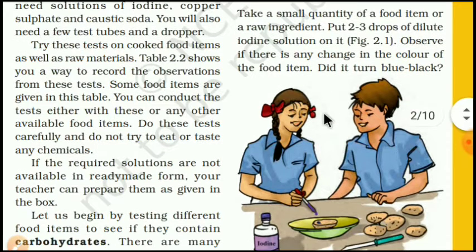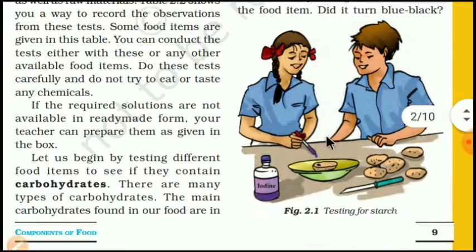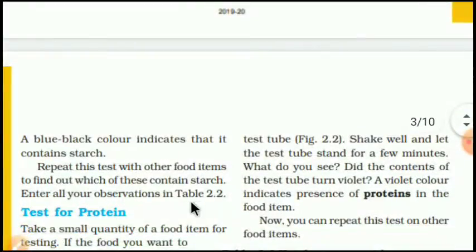Now in this figure, observe, this girl is putting some drops of iodine solution. Observe if there is any change in the color of the food item. Did it turn blue-black? A blue-black color indicates that it contains starch.